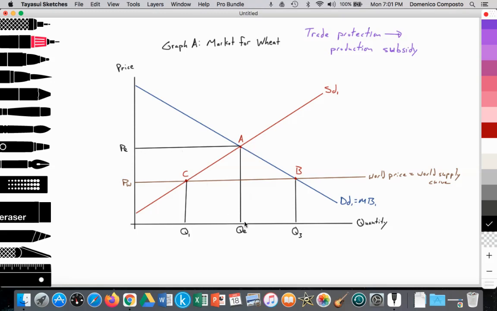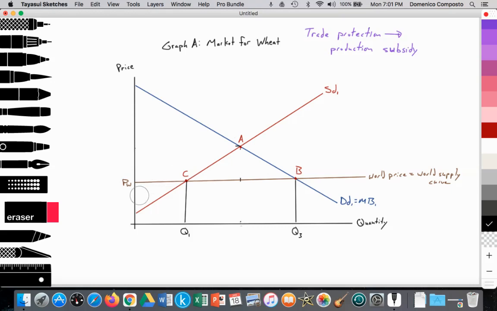We don't need to illustrate the equilibrium price, so we can go ahead and erase that. It's not necessary to illustrate, but we just used it to highlight that since the domestic equilibrium price is greater than the world price, this economy will import.